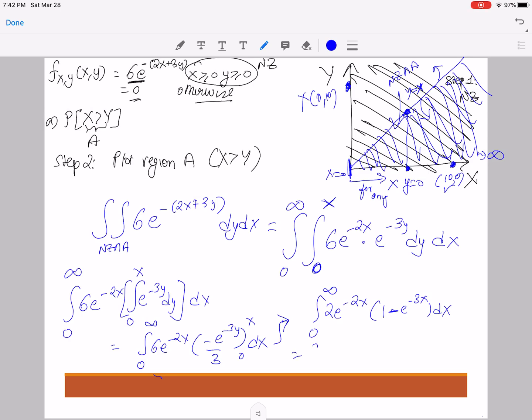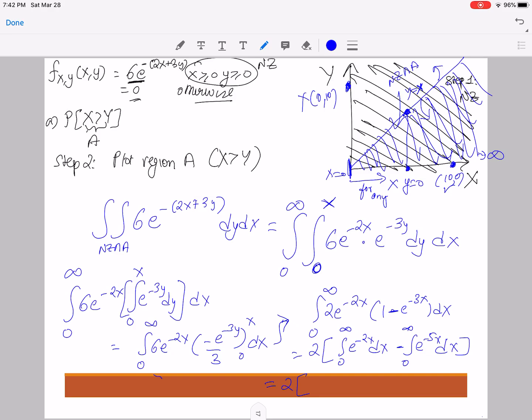Okay, 2 is a constant, so it can come out. And what I'll do is I'll distribute the e to the negative 2x terms. So integral 0 to infinity, e to the negative 2x dx minus integral 0 to infinity e to the negative 5x dx. All right, now let me just directly write the answer here.